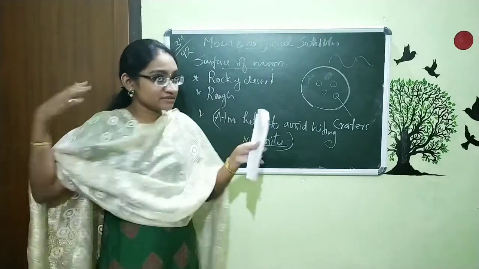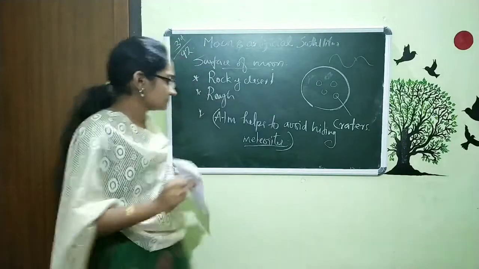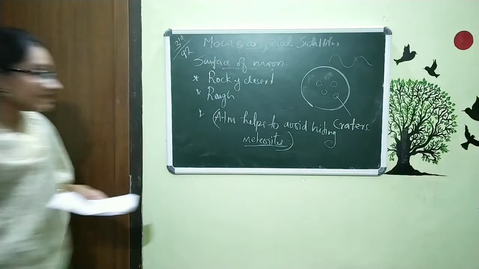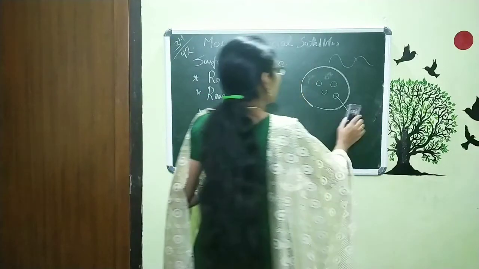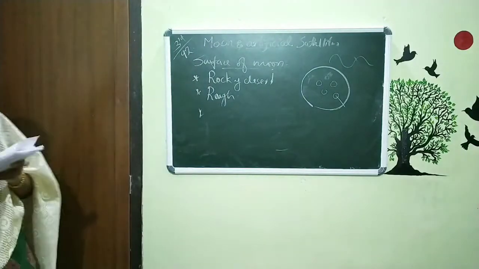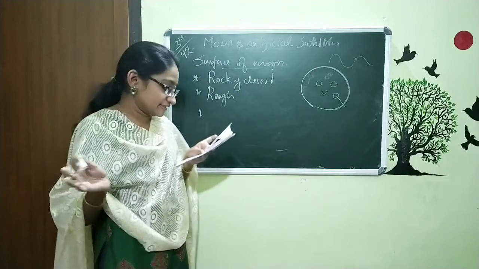Don't think that they are very deep holes. On the surface it has some sort of humps and tufts. That's all. So we can say the surface is tough, it is a rocky desert, and it has millions of craters on the surface.